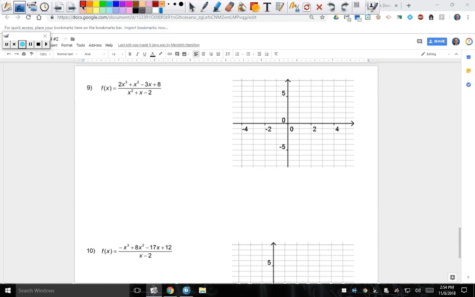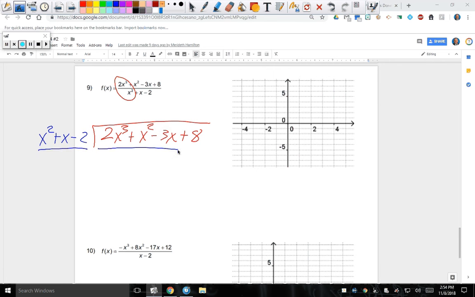All right. So, bottom. You see it immediately, right? So we're going to do 2x cubed plus x squared minus 3x plus 8, and we're going to divide it by x squared plus x minus 2. Watch the steps, because you will have something of a level of difficulty like this. 3 terms, starting right here above negative 3x.